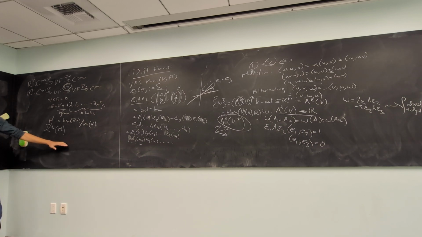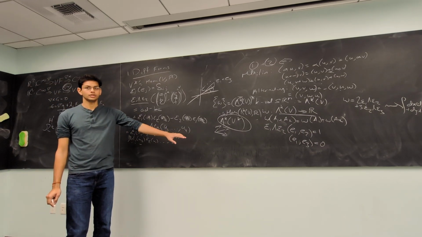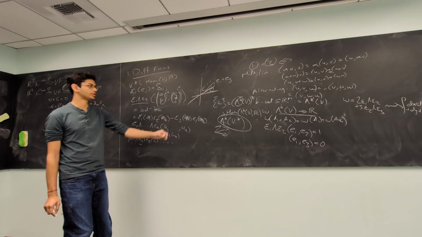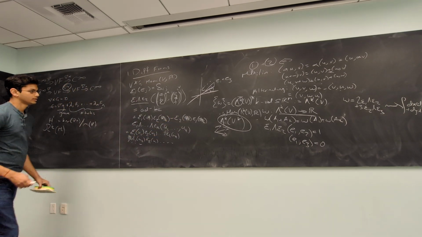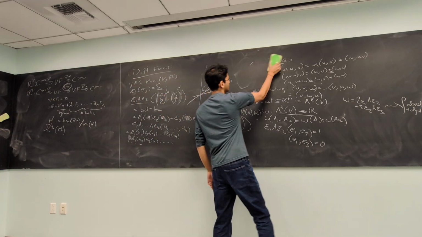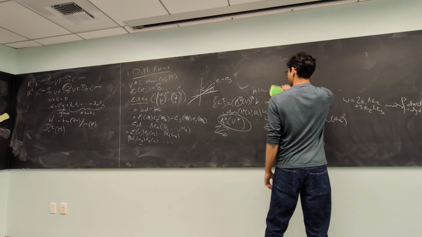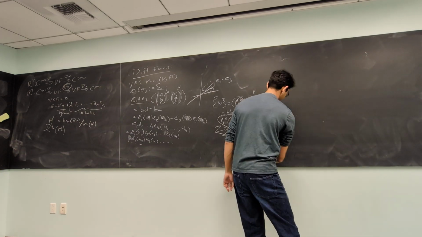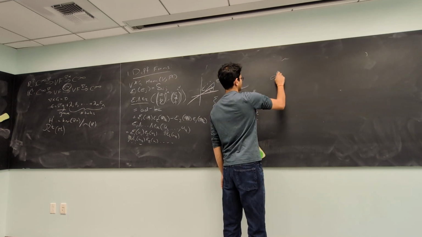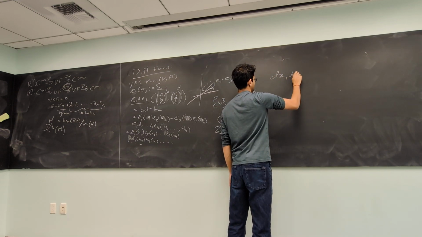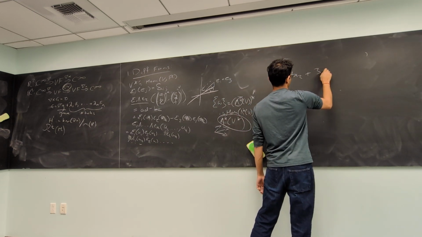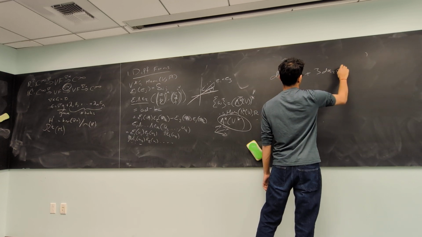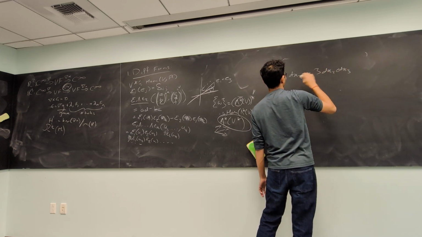And what this is going to do is attach one of these guys to each point in your space. The way that we write that is something, for example, like dx1 dx2 plus 3 dx2 dx3.